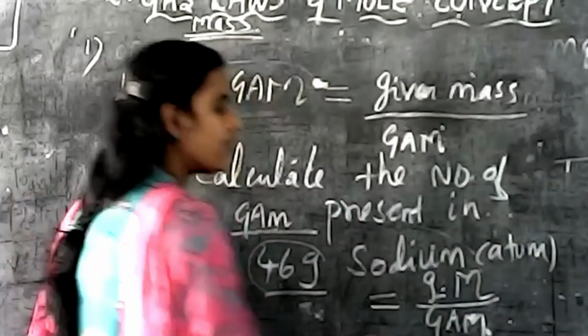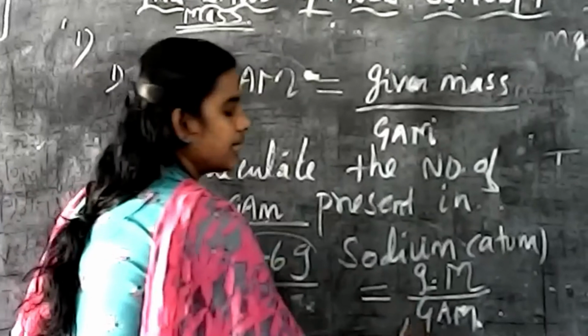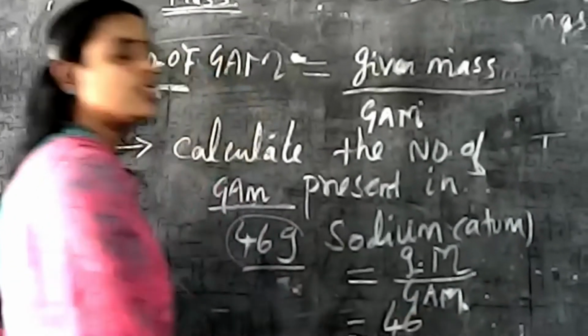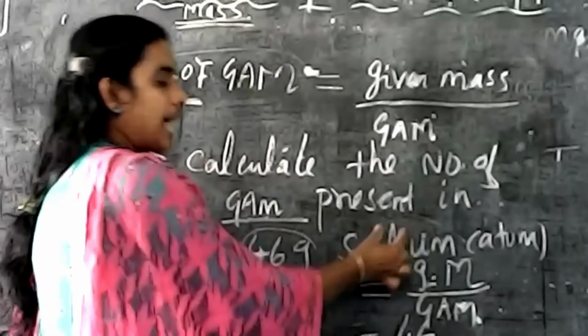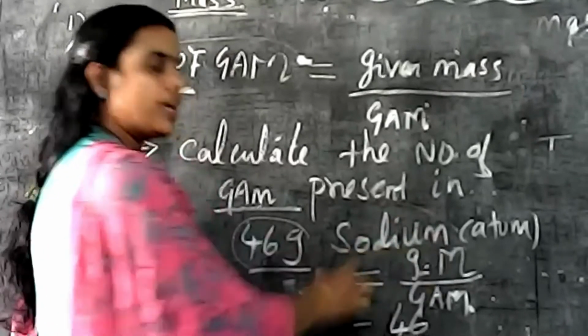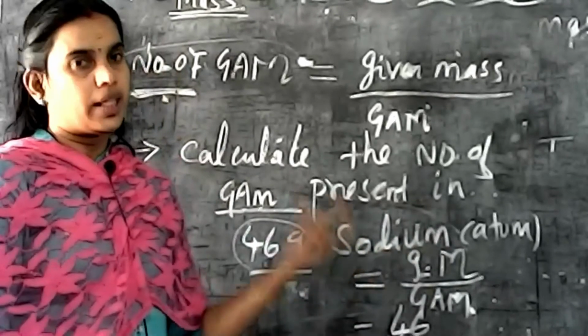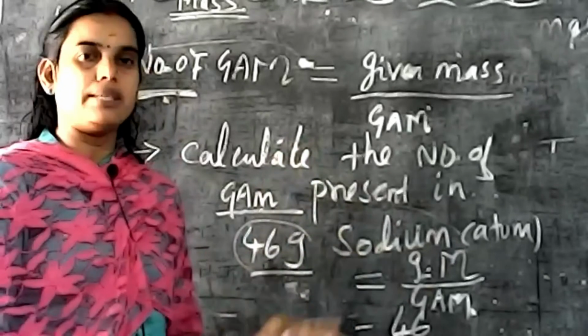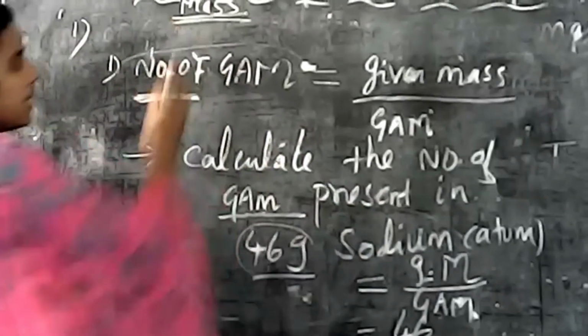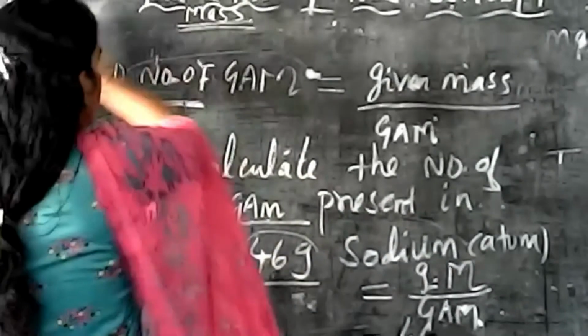What is the given mass here? 46 gram divided by GAM, that is, the gram atomic mass of sodium. We already know the atomic masses of some elements.